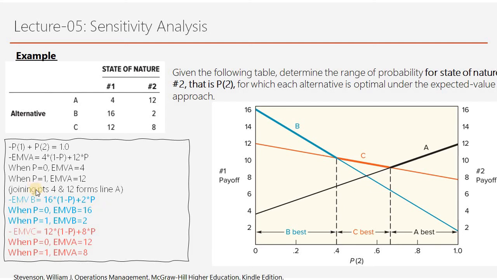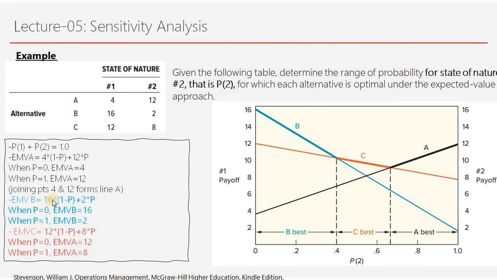So we do the same for the second alternative. What is the expected monetary value of B? It is 16 times the probability of the first state of nature, which is in this case 16 times 1 minus P plus 2 times the probability of the second state of nature represented by P. So again, we replace the values when P equals to 0. 16 times 1 plus 2 times 0, it's 16.